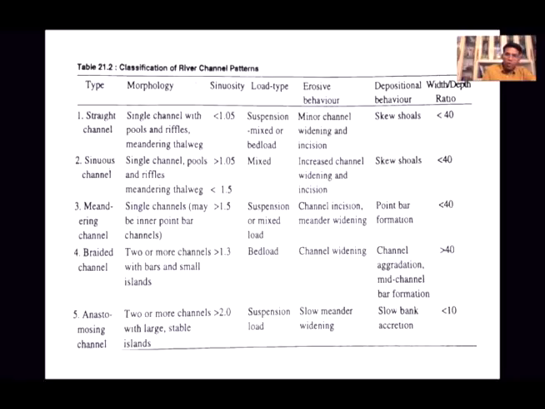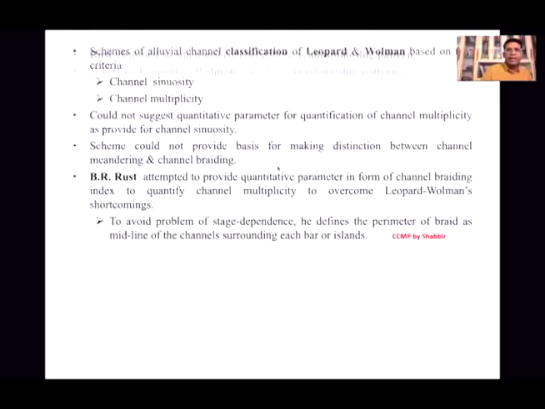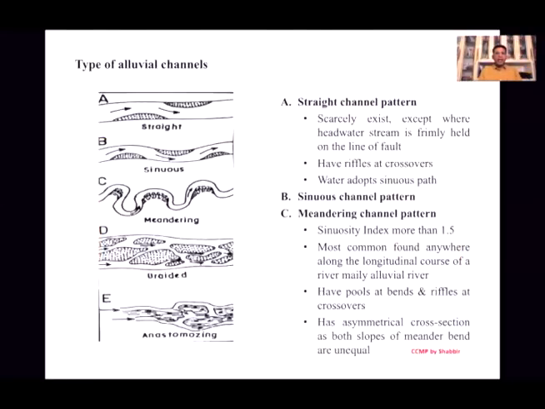You know what pools and riffles are. And the discussion we had earlier from E.A. Keller's ideas, the same thing applies here, that the development of a meander goes through a 5-stage process. The river is first straight, then starts becoming slightly sinuous, and ultimately becomes meandering and then braiding and anastomosing.